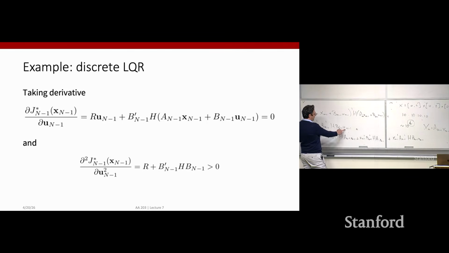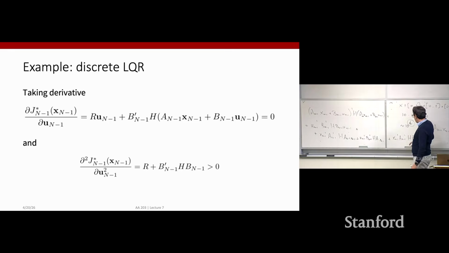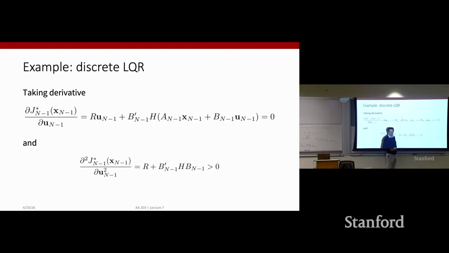So here you're left with a term that is linear in u, b transpose H b u. And then you take the derivatives with respect to the terms that are linear in u, so this guy and this guy. And then you sum them up. Remember that you have a 1/2 in front of all this stuff, and what you get is b transpose H a x n. I'll leave it to you, the detailed computation is super easy.